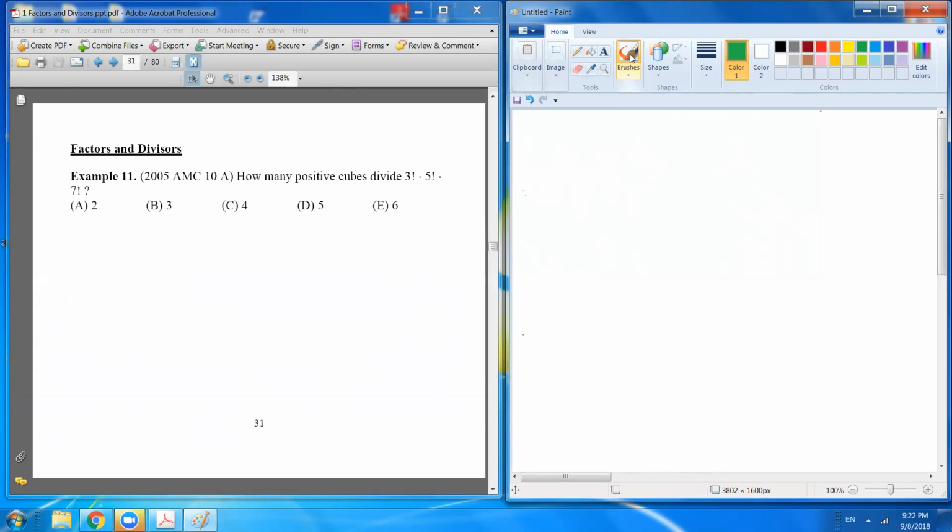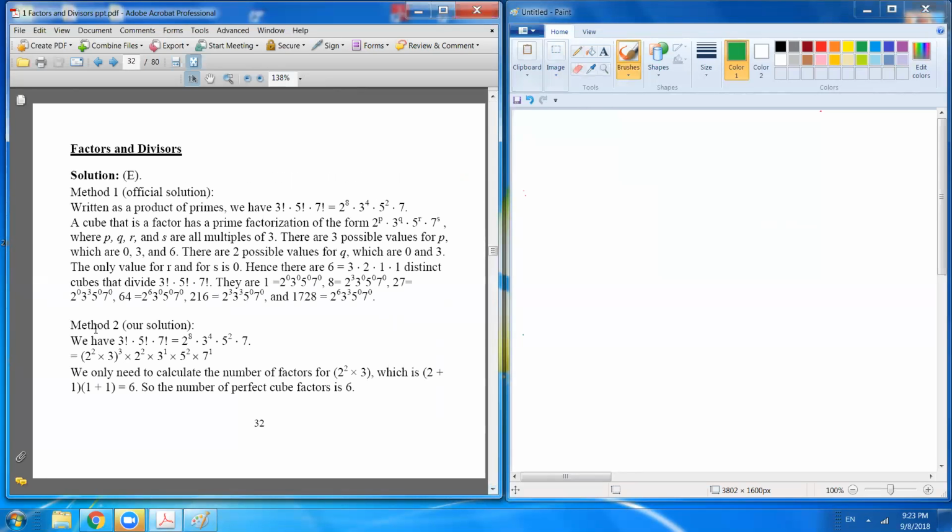Okay. Take a look at this one. Okay, yeah, E is good. And this is what I did here. Take a look. This is from our solution.